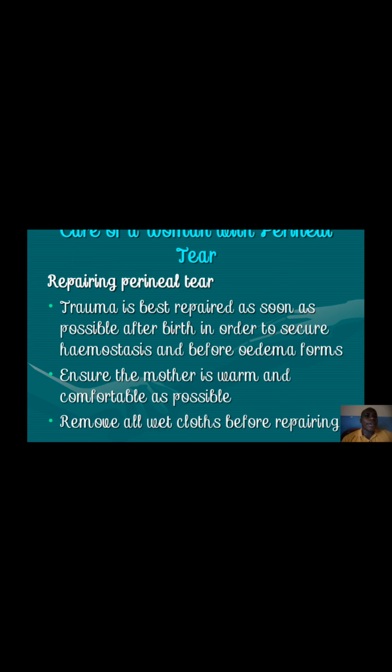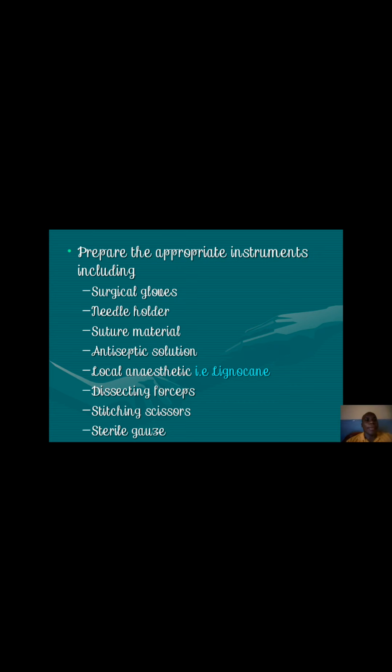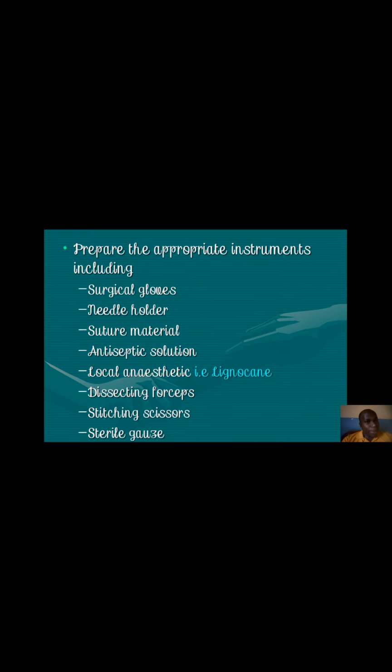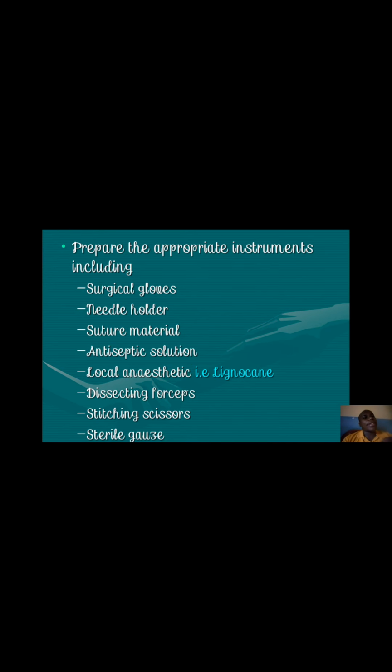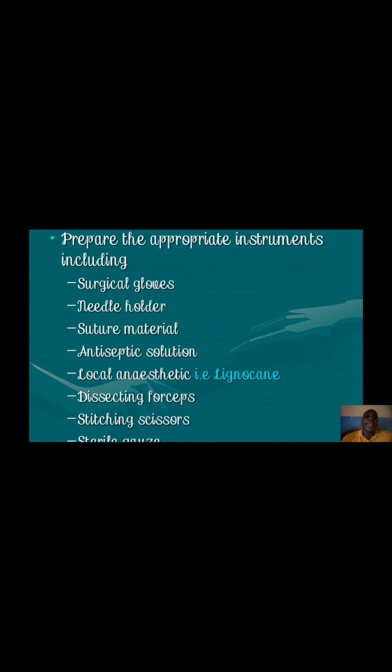Utaona how to prepare a suturing set. But also prepare the appropriate instruments ambavyo vinatumika wakati wa repairing of the perineum, ili kwamba tuweze kumsaidia mother after delivery. Lazima tumsafishe, lazima tuone kwamba hakuna chochote, hizi wet clothes lazima tuzitoe.